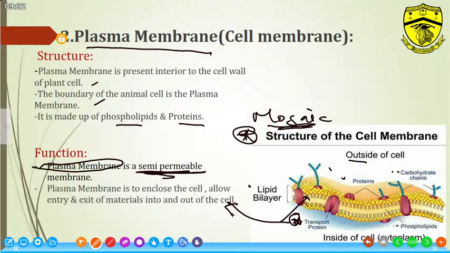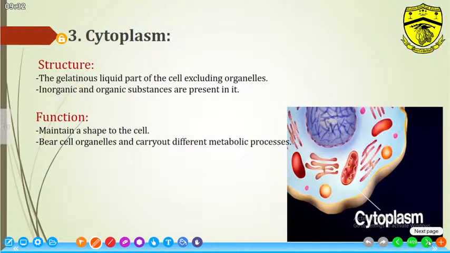Now we know about the cytoplasm. This is the animal cell. Most parts are present in cytoplasm. You know that it is the gelatinous liquid part of the cell, excluding organelles.